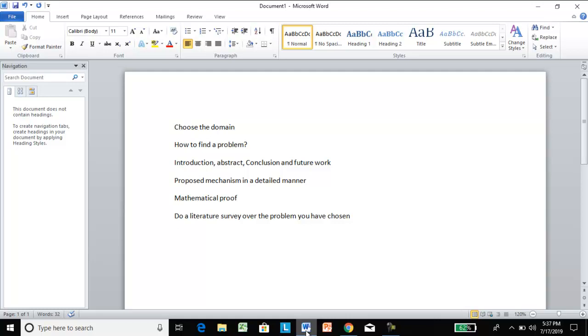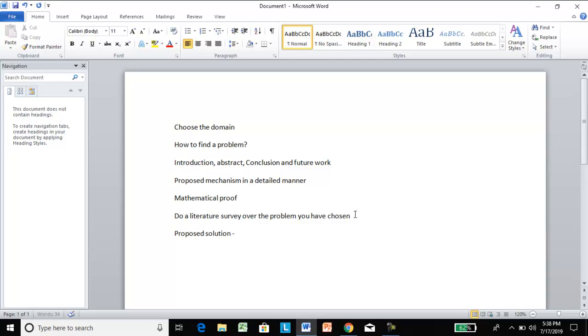They might have already implemented it. By doing a literature survey, you can get an idea of what other proposed mechanisms have already been done for the same topic. After the literature survey, you can go for a proposed solution.